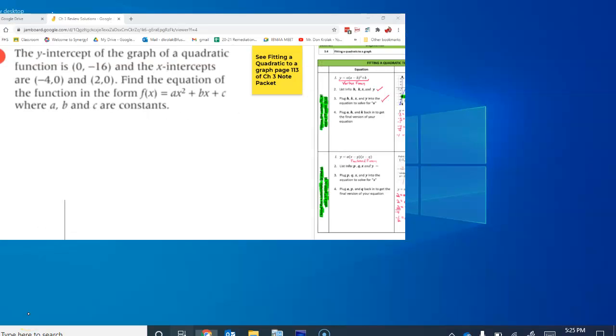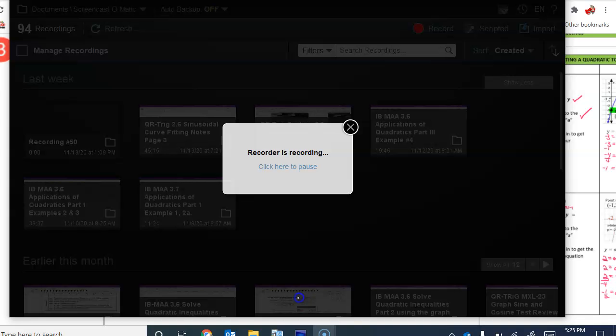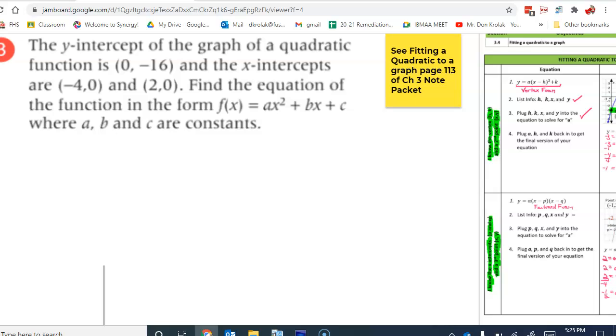All right, number 3 tells us that the y-intercept of the graph of a quadratic function is 0, -16. The x-intercepts are -4, 0, and 2, 0.